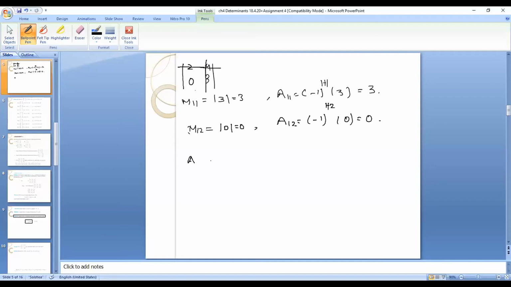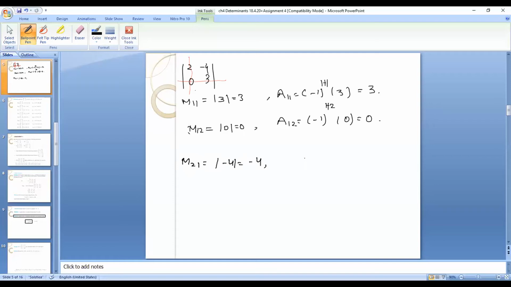Then A21. A21 will be hiding second row first column. So, sorry, it will be M21. First we will find M21. So M21 will be determinant of minus 4, which is minus 4.